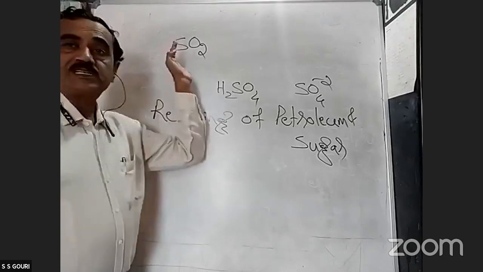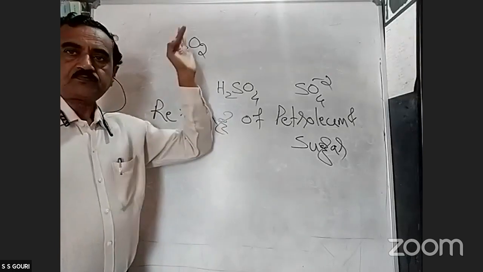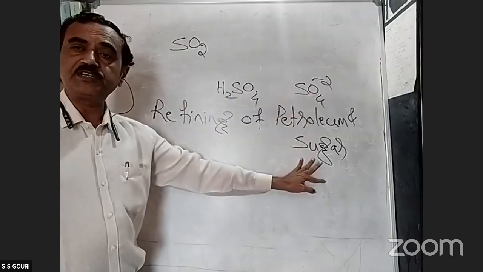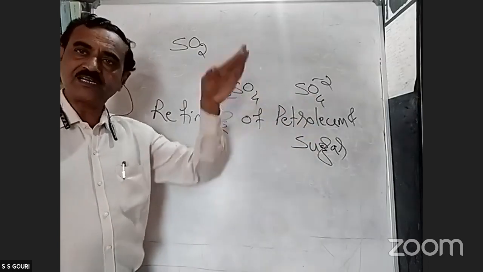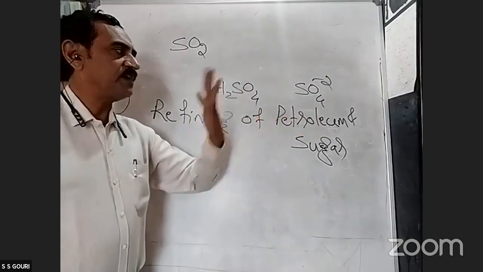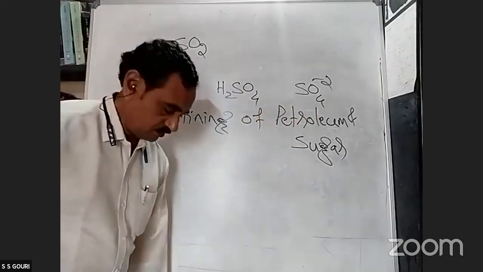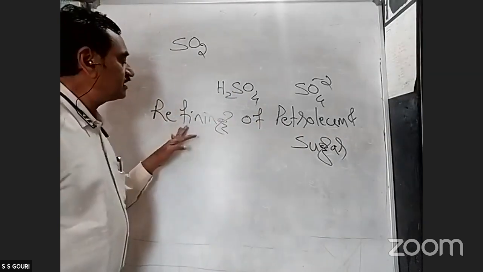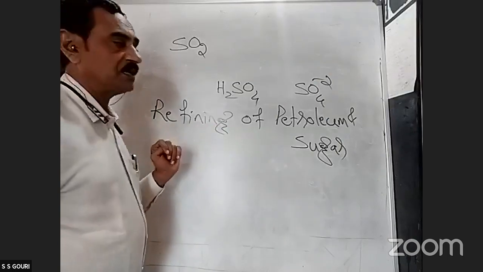As SO2 is acidic in nature, it neutralizes the basic impurities present in petroleum and sugar. They get neutralized and settle at the bottom of the tank, and then we can remove the refined petroleum and sugar.